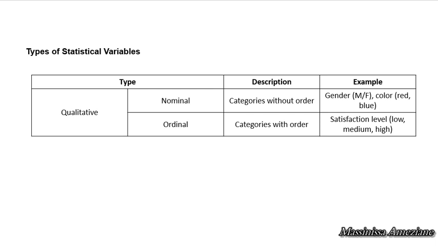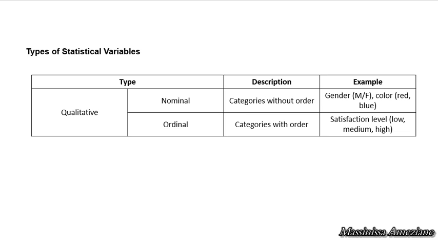The nominal, where the data are usually described by words and the order doesn't matter, it is without order, like gender or color. Then we have the ordinal. Here the data are described by categories where there is a clear logical order of ranking. For example, the satisfaction level: low, medium, and high.